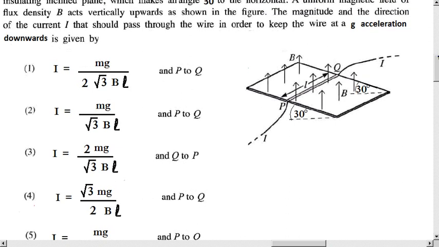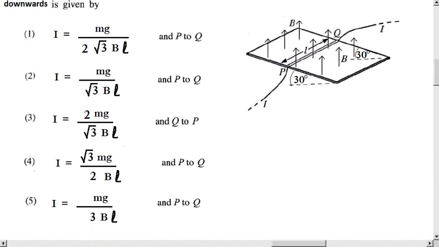So now I am going to solve. As usual, let us draw the sketch, side view. The angle is given as 30 degrees here.